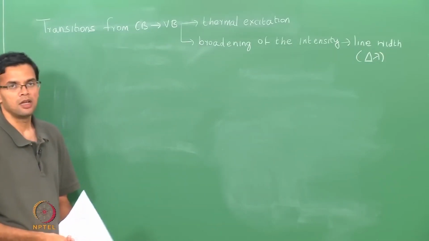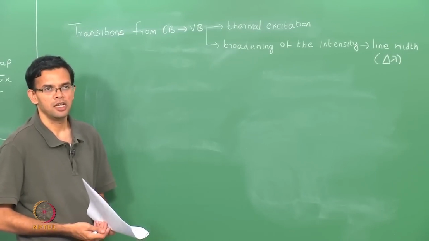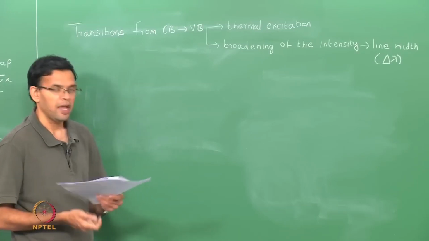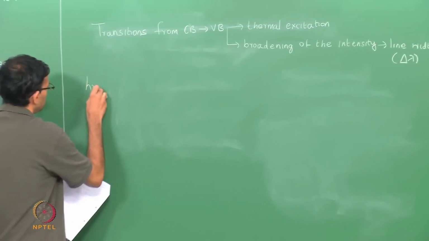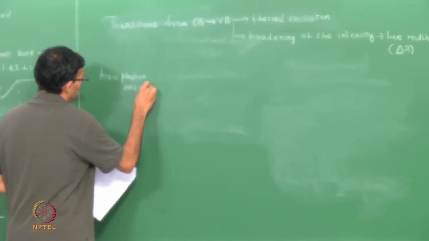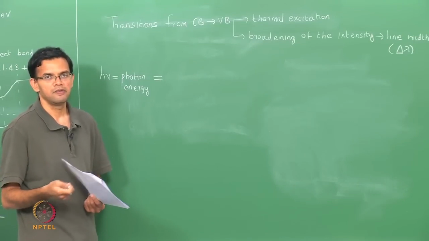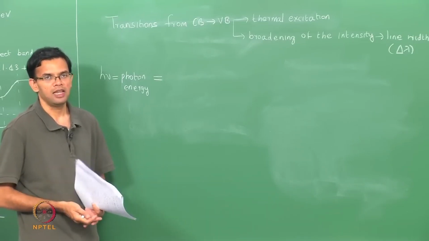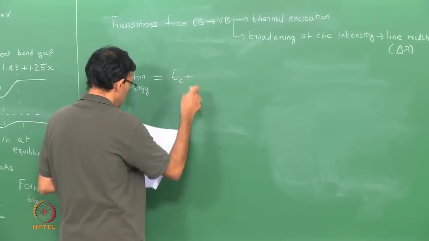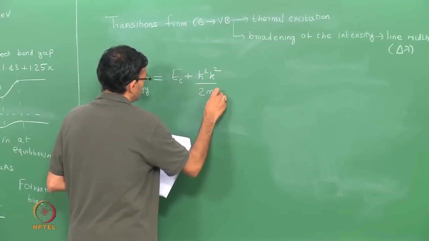So, the line width depends upon the number of states that are available for the electrons and holes to occupy, that is your density of states, and also the probability of the occupation, so that is your Fermi function. h nu is the energy of the photon, and this is because of recombination of an electron in the conduction band with some wave vector k, with a hole in the valence band having some other wave vector k, and the photon energy is nothing but E c plus h bar square k square over 2 m e star.